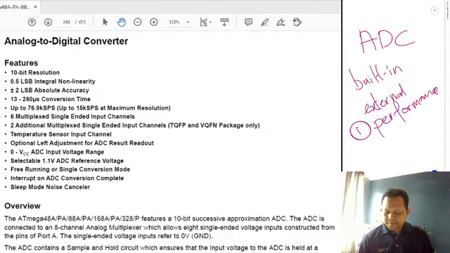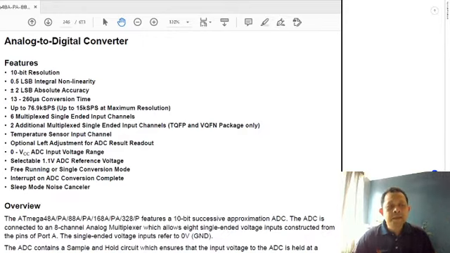So we have to refer to the performance of the ADC embedded inside your ATmega328, and then you want to look at how well the embedded ADC performs. Usually you want to look at in terms of noise, for example, noise.